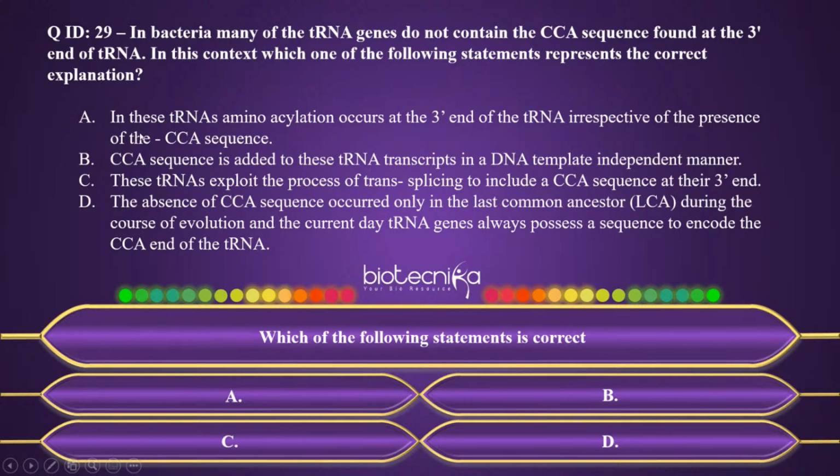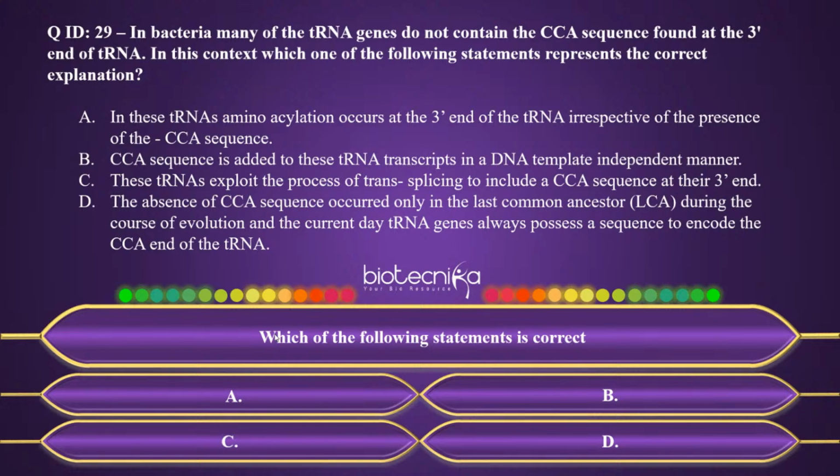The options here are: in these tRNAs, amino acylation occurs at the 3' end of the tRNA irrespective of the presence of the CCA sequence. Second, the CCA sequence is added to these tRNA transcripts in a DNA template independent manner.